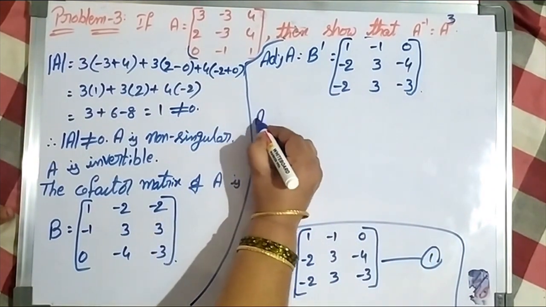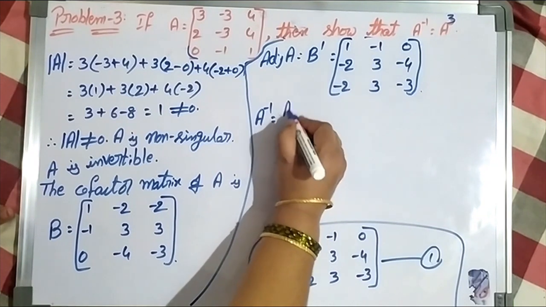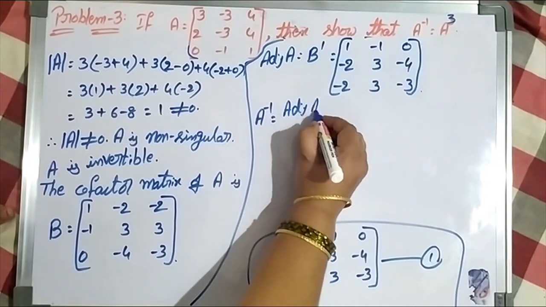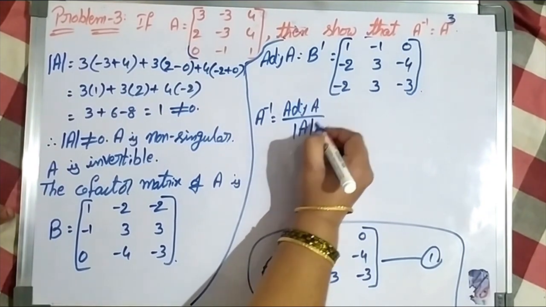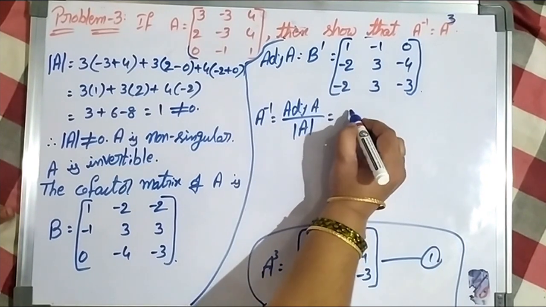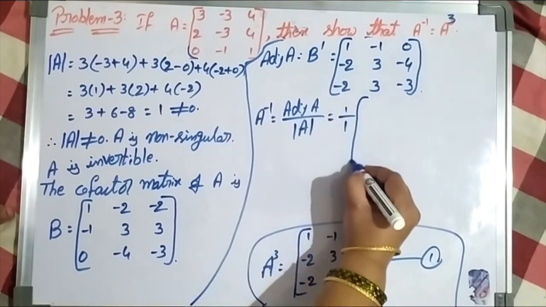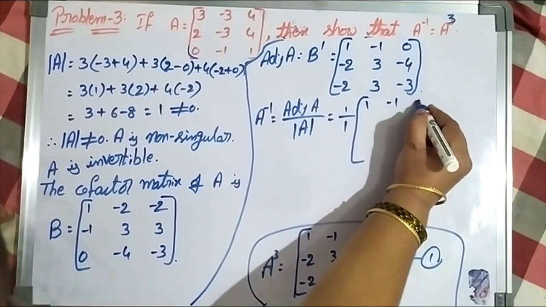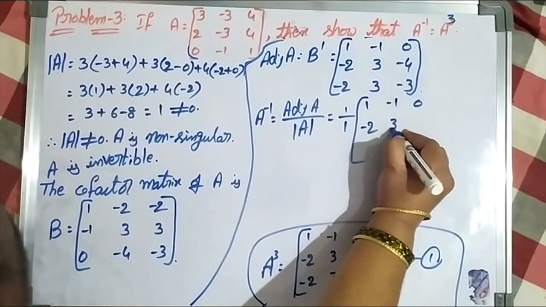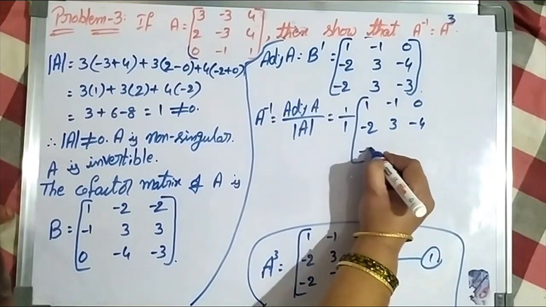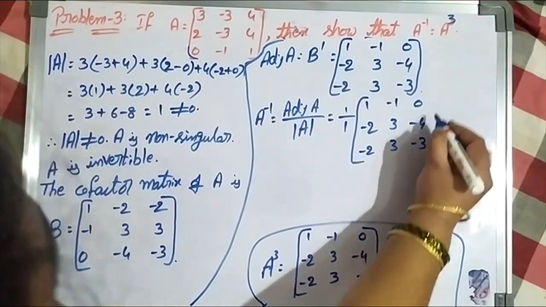Then A inverse equal to adjoint of A by det A. That is equal to 1 by 1 into the adjoint of A value, 1, minus 1, 0, minus 2, 3, minus 4, minus 2, 3, minus 3.